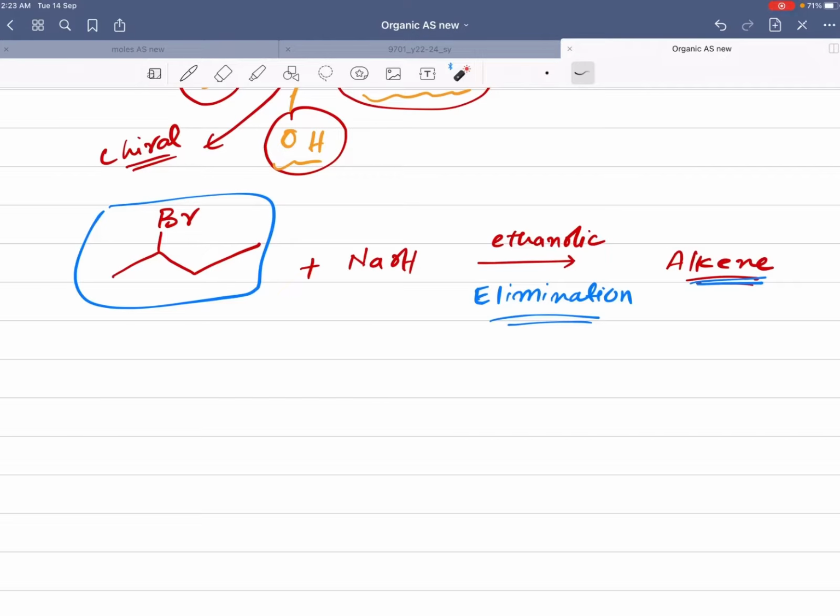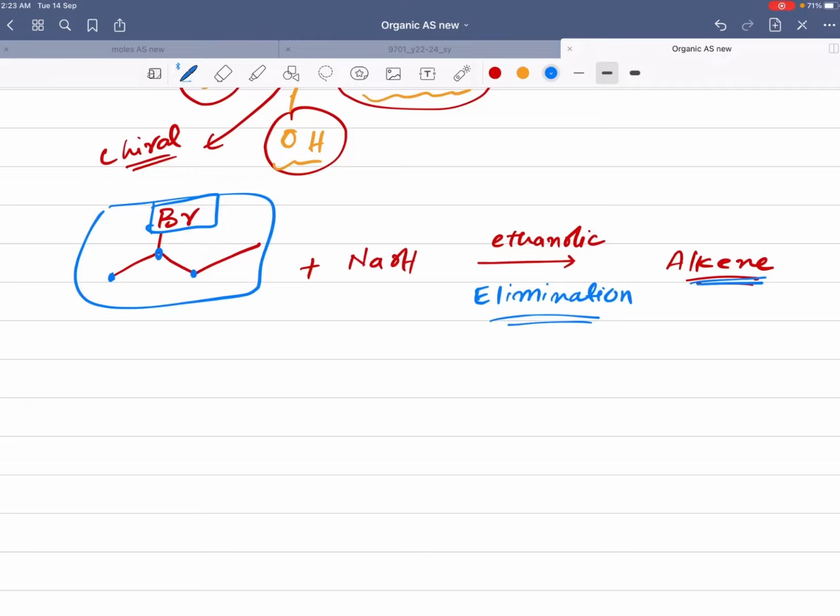Right, so let's just understand this thing, that this is our carbon. In elimination, one carbon will lose the halide group in the elimination of alkyl halides. So this Br group would be lost, and the neighboring carbon, now this is the neighboring carbon and this one is also the neighboring carbon, would lose hydrogen, right?